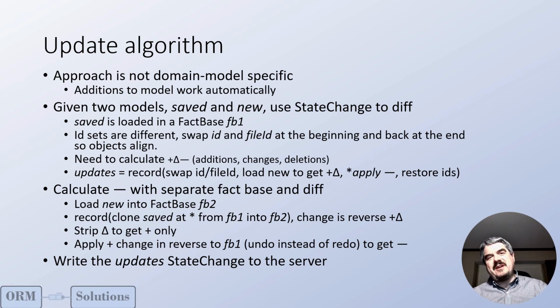Okay, so to get the opposite, we simply reverse the process. We load the new file into a new fact base. We take the updated file at this point. The little star there gives us a file with the original IDs and the deltas in there. And now we load that on top of the new file. That gives us another diff, which is the additions and deltas going the other direction.